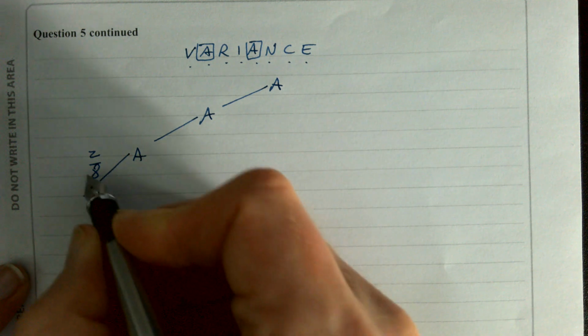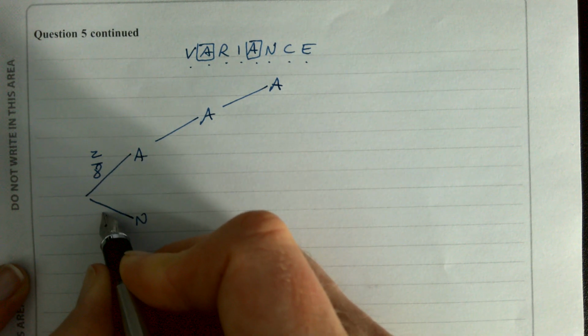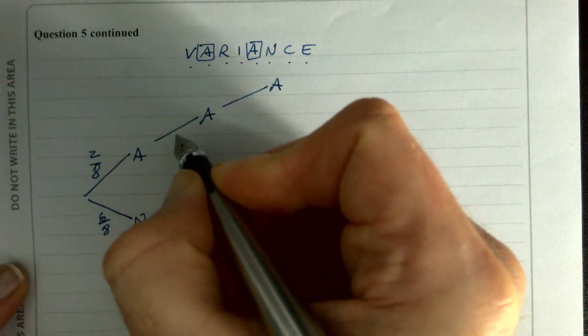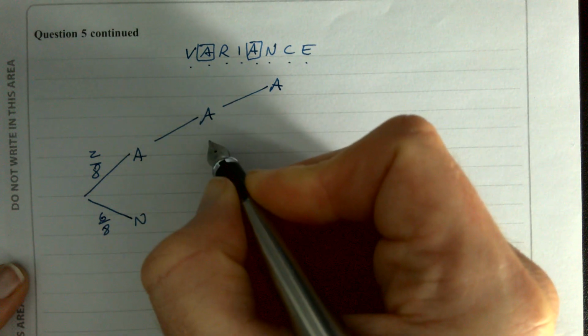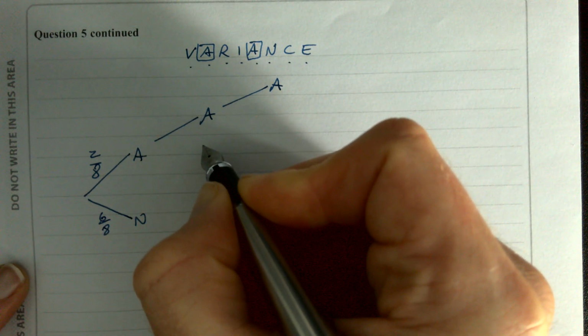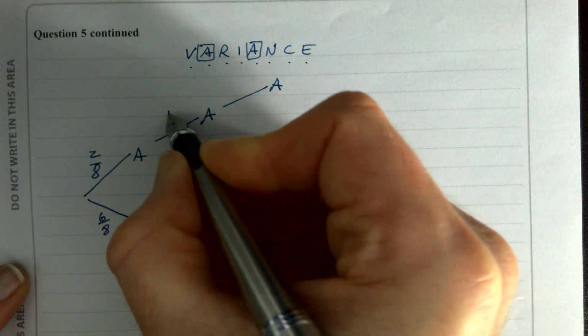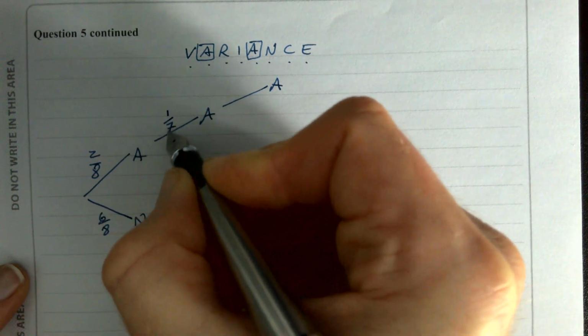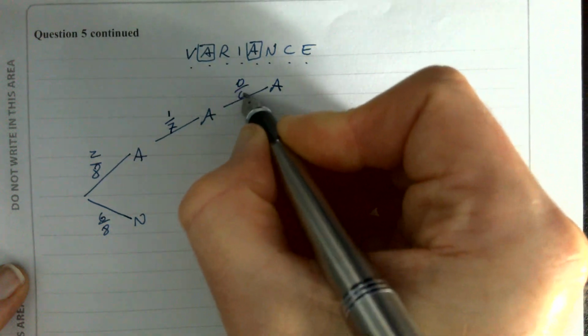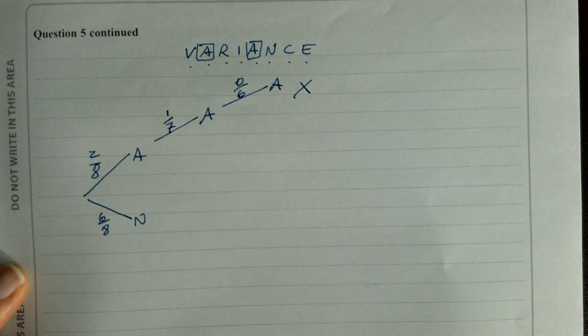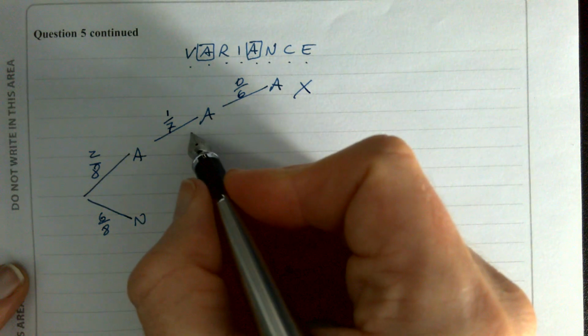Not being an A is 6 out of 8, and we're doing it out of 8. We're not simplifying because it's probability. It's much easier not to. So 2 out of 8, and then it would be 1 out of 7, and then it would be 0 out of 6. So you can't have 3 A's, can you? Because there are only 2 there in the first place.